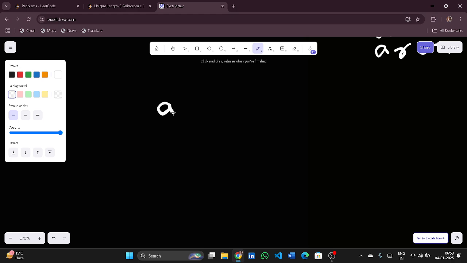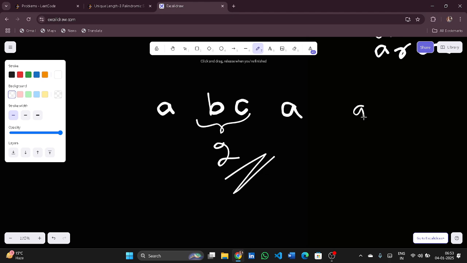Here you got one A, here you got one A, and there is one B and one C. So the number of distinct characters here is 2. So you can construct two palindromes here: one is A, B, A, and the other is A, C, A.